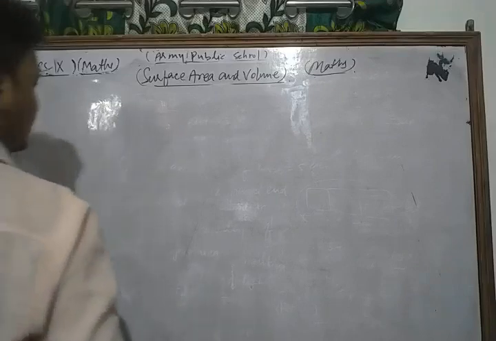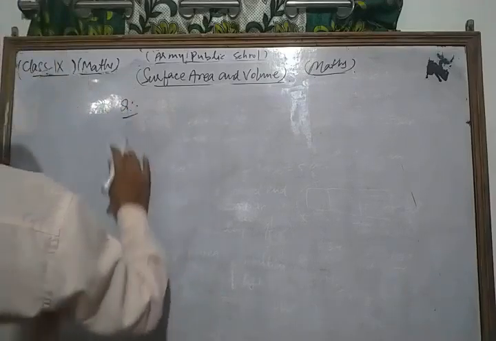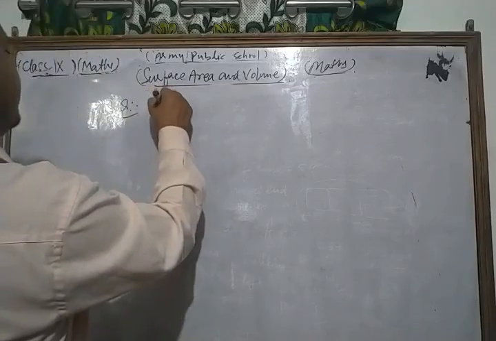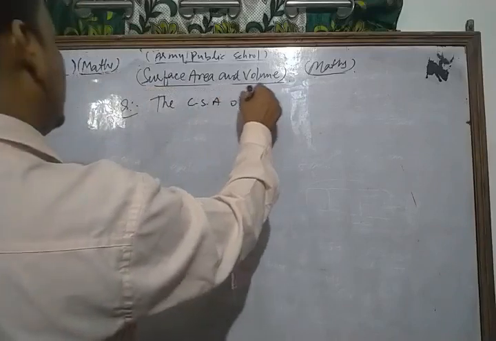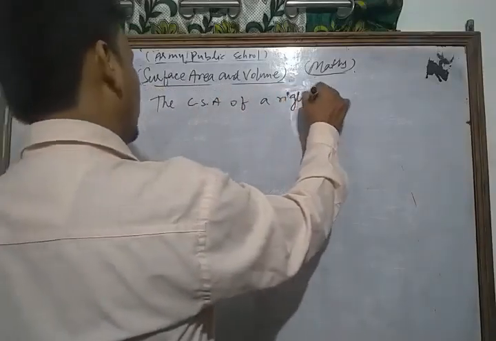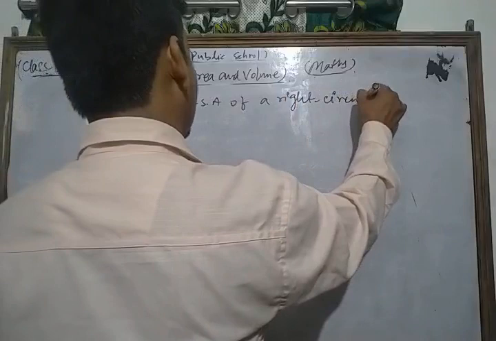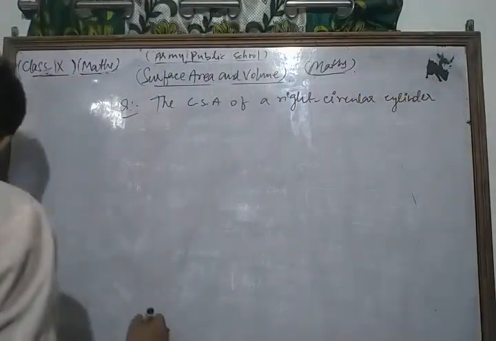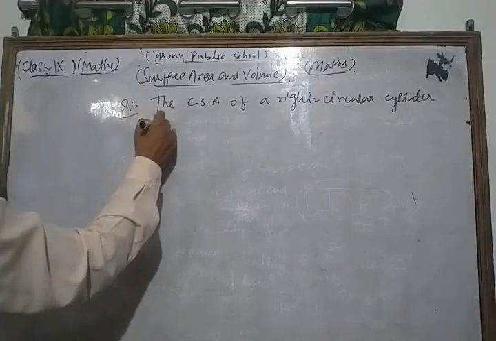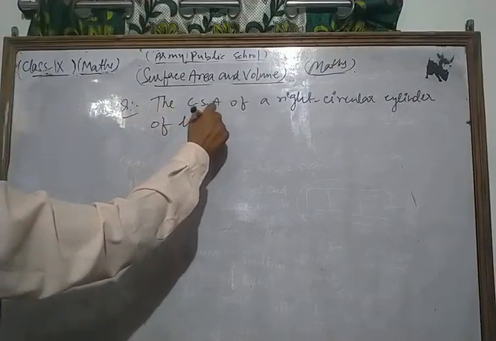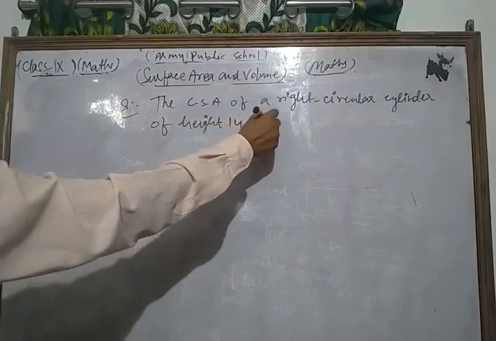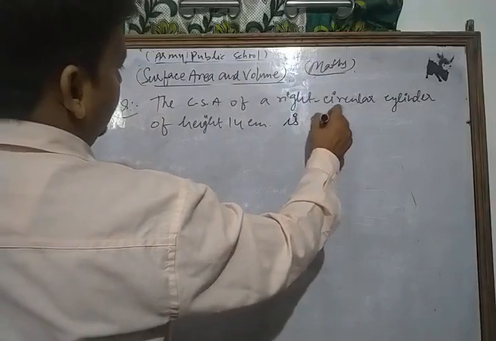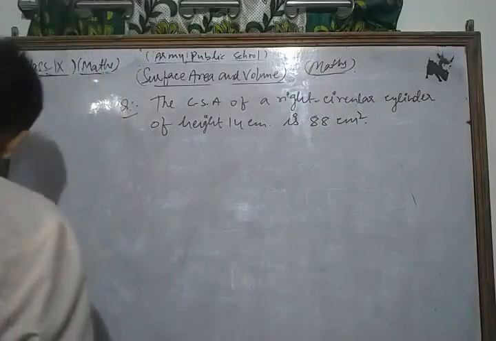Now the question is, we take a very important question of your NCERT exercise. The curved surface area of a right circular cylinder of height 14 centimeter is 88 centimeter square.